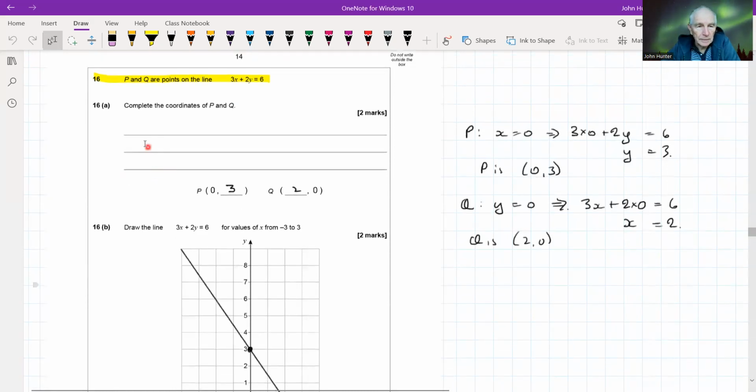Now then, it's getting more interesting. P and Q are points on the line 3x plus 2y equals 6. Now, this is an equation of a line, a straight line, in fact.